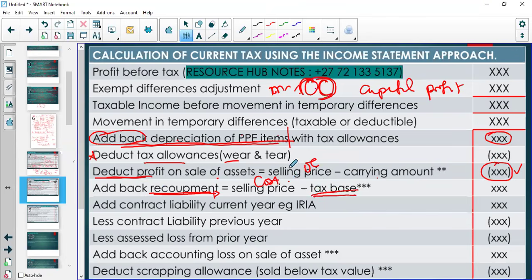So if the selling price is above the original cost, for recoupment purposes, we're going to say the selling price limited to the original cost minus the tax base. This is what we include for taxation purposes.